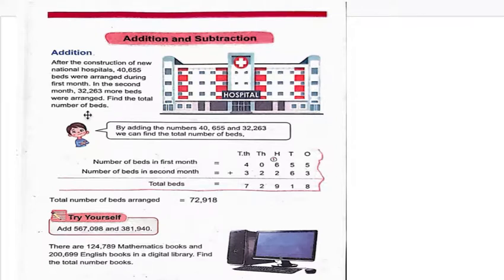Find the total number of beds by adding the numbers 40,655 and 32,263. We can find the total number of beds. Number of beds in the first month plus number of beds in the second month becomes 72,918.